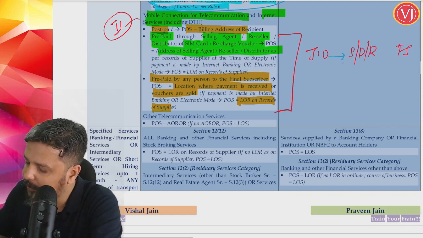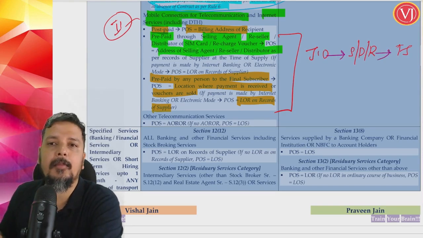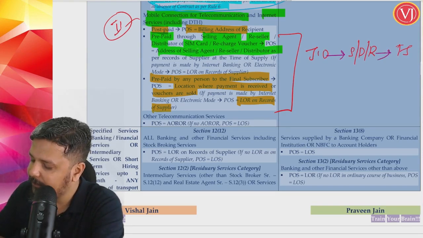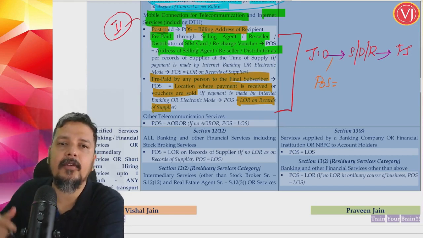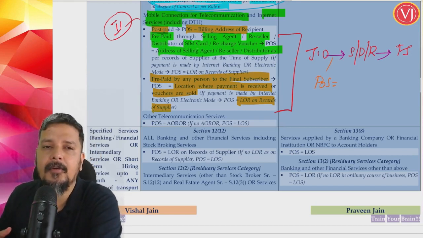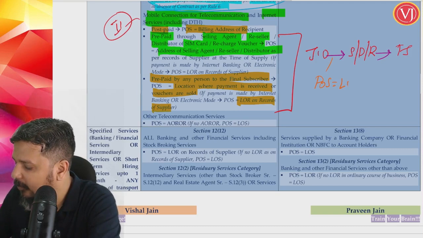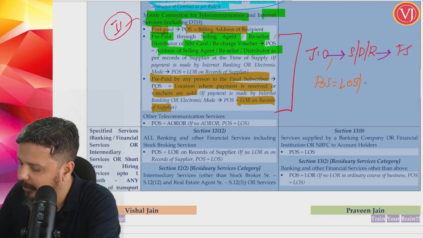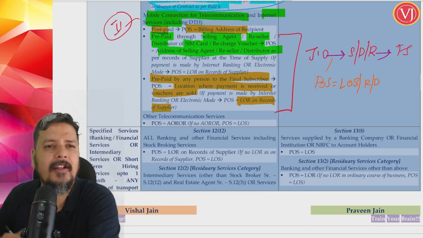Now, what are they trying to tell? Between Jio and the seller, distributor, reseller, what is the place of supply? They want to give the credit to the seller or the distributor or the reseller, so they tell that it is the location of that seller, reseller or distributor.